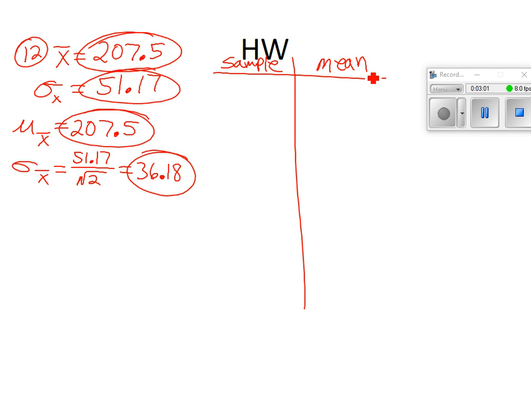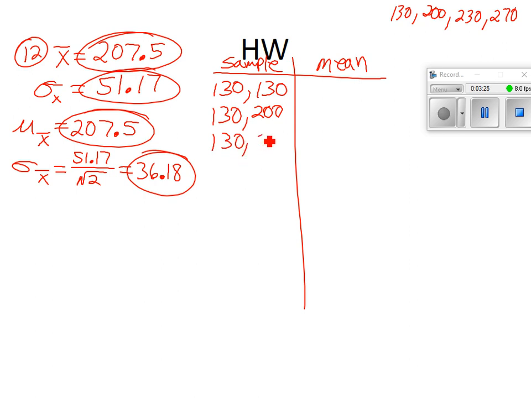Our numbers are 130, 200, 230, and 270. And I want to pick 2 numbers from that set with replacement and see what it is. So I could pick a 130 and a 130. I could pick a 130 and a 200. A 130 and a 230.